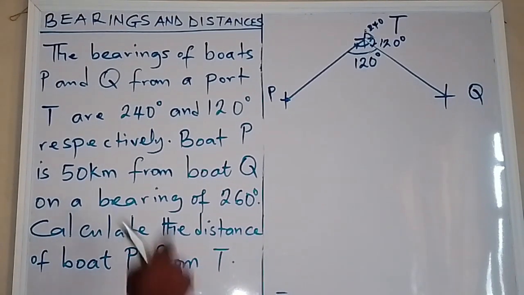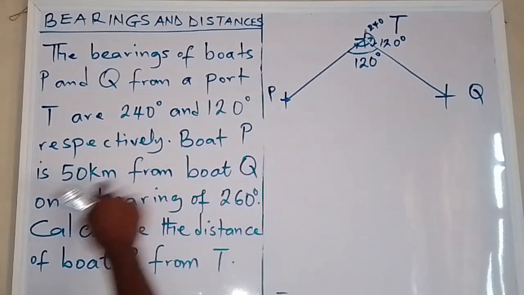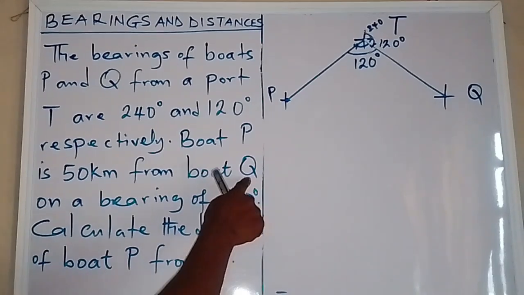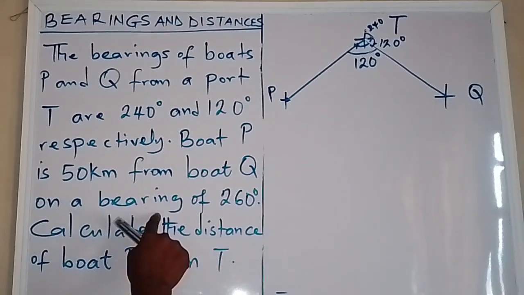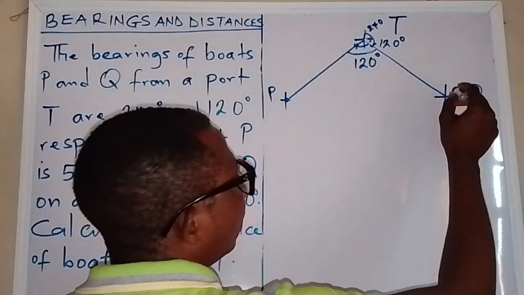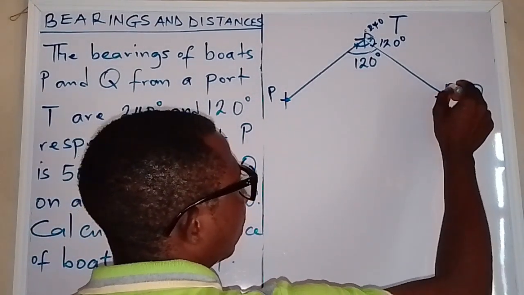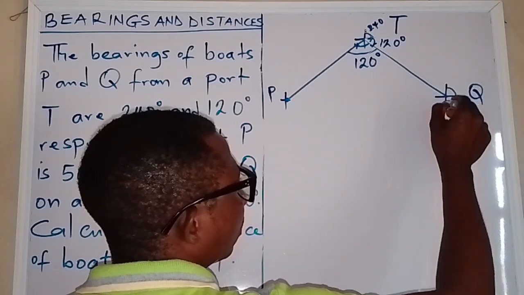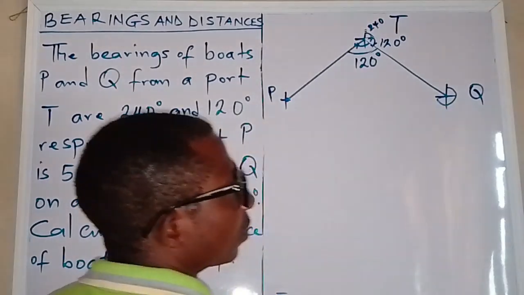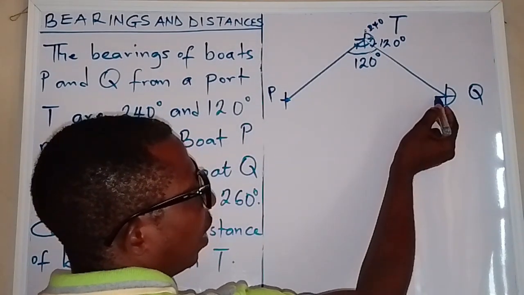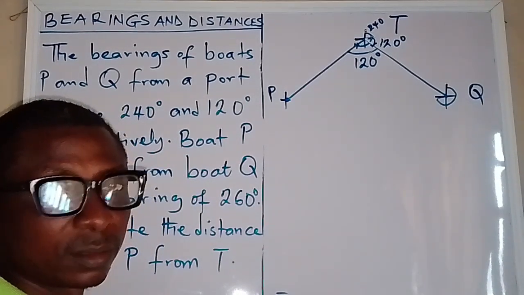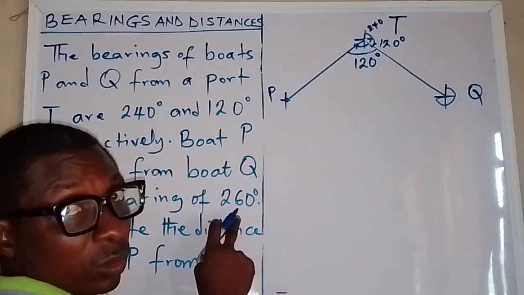So you come here and take the reading 260. We have one small angle here because this west point is 270, and what we have here is 260.